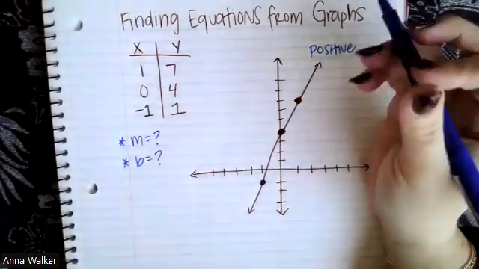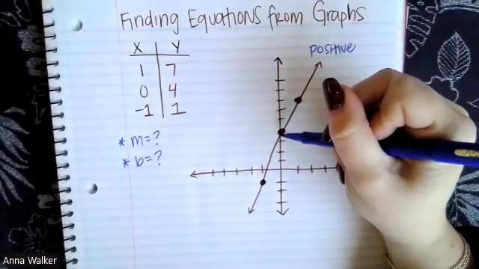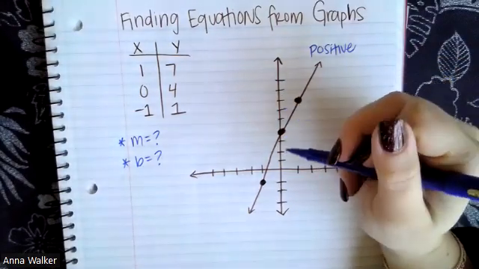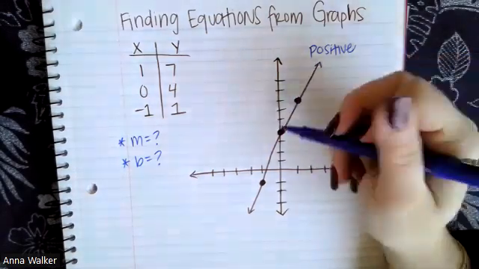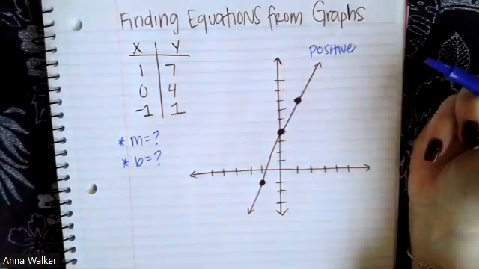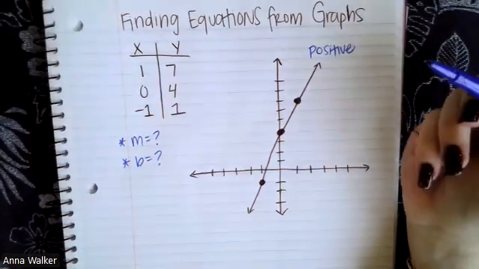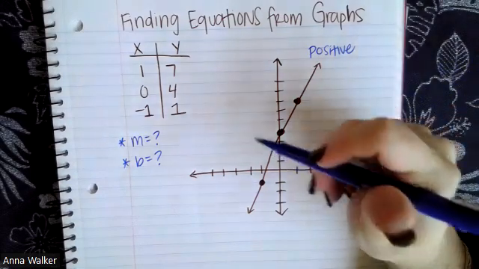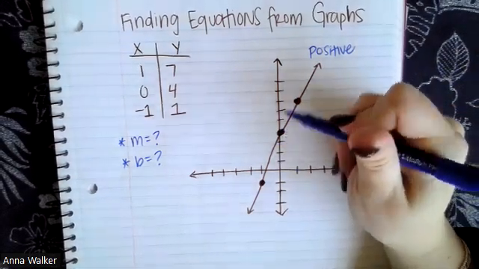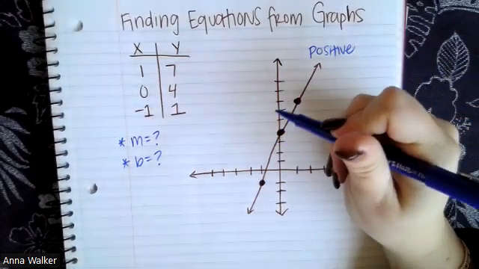Okay. So because this is a positive number, I'm going to look at the rise compared to the run. I'm just going to pick any 2 points on this line and calculate it. I'm going to pick these 2 points because they're closer together. In this case, my rise is actually going to go up and then over to get from point to point.